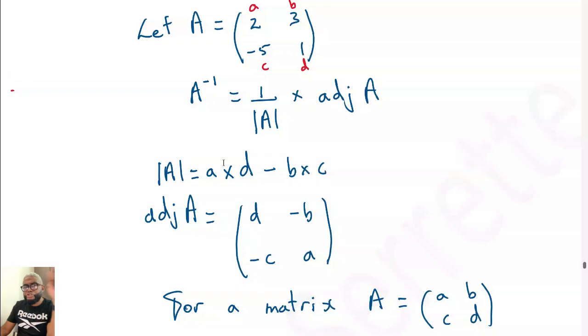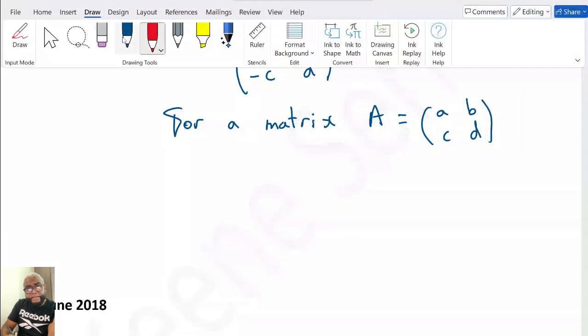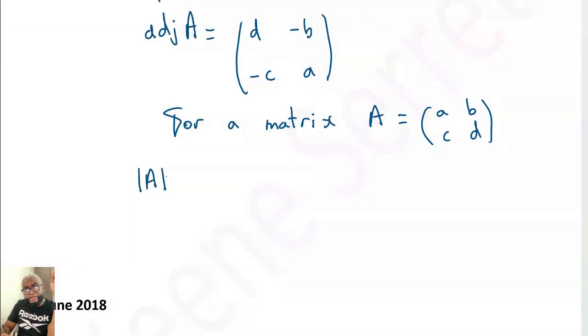So let's find the determinant. What is A? The determinant of A. What is common A? 2, multiplied by what is common D, 1, minus what is common B, multiplied by what is common C, negative 5.